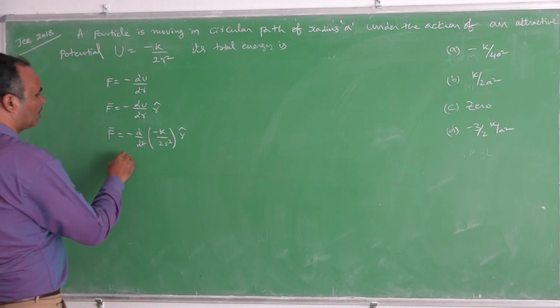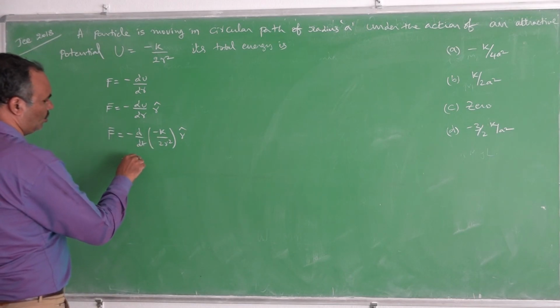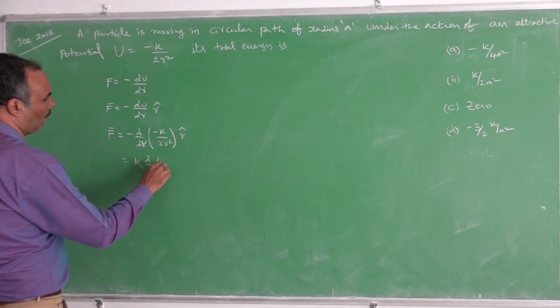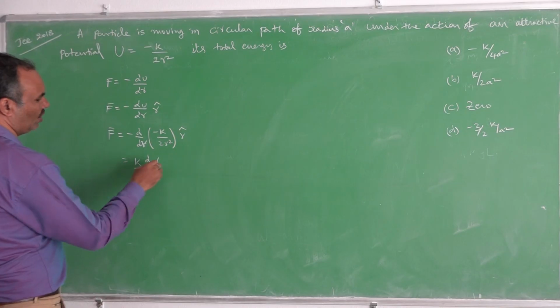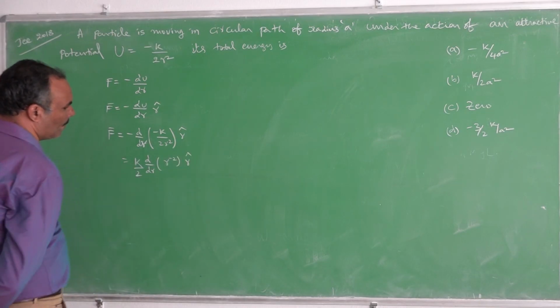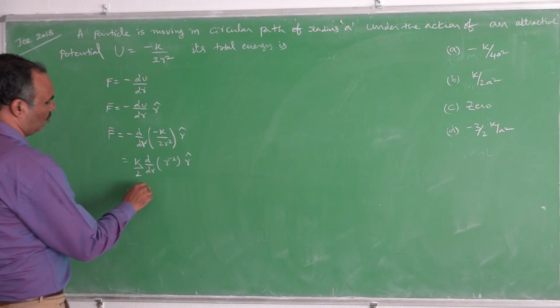So minus minus gets cancelled. So K will come out. D by dr of K by 2 also will come out. R power minus 2, R cap. So K by 2.